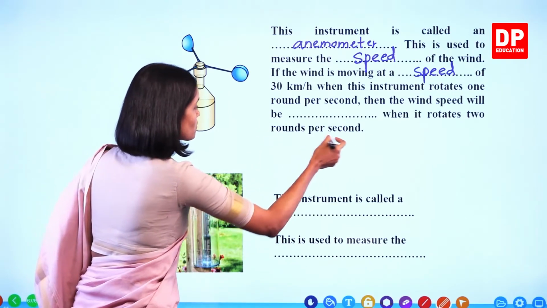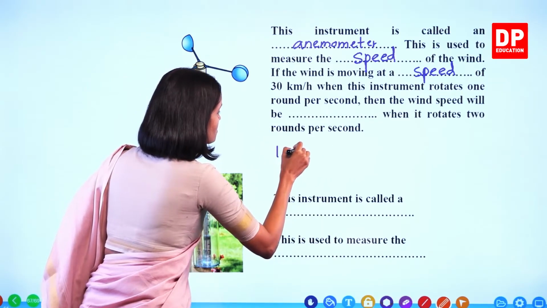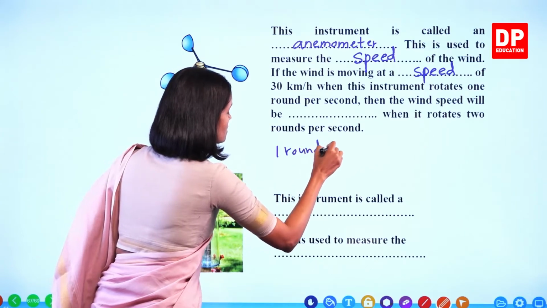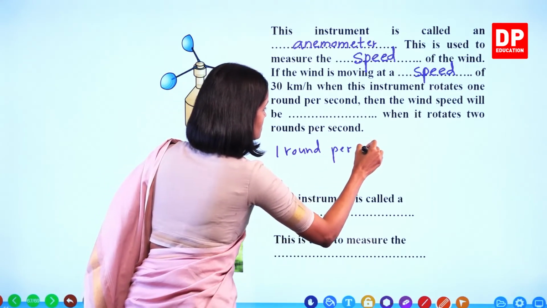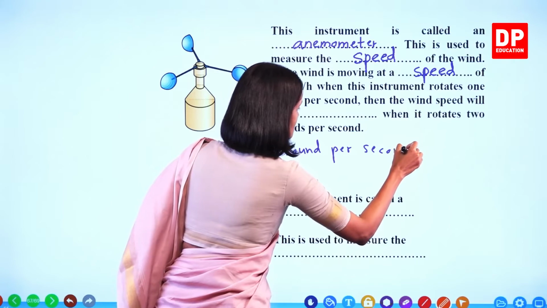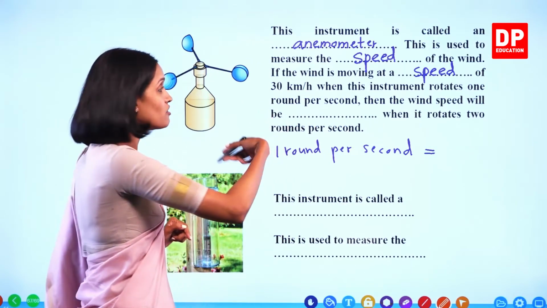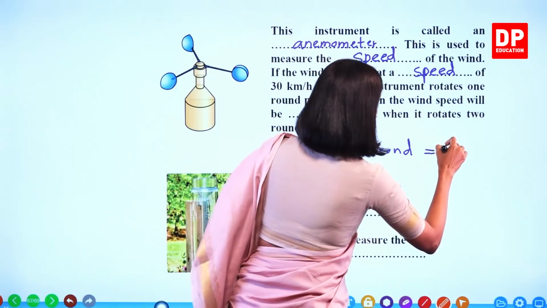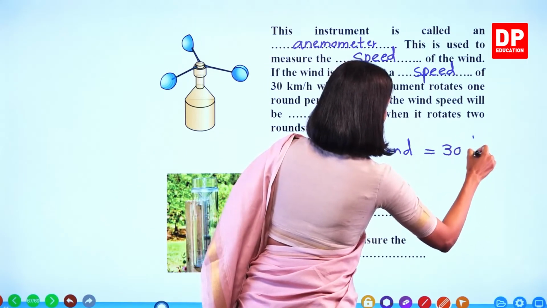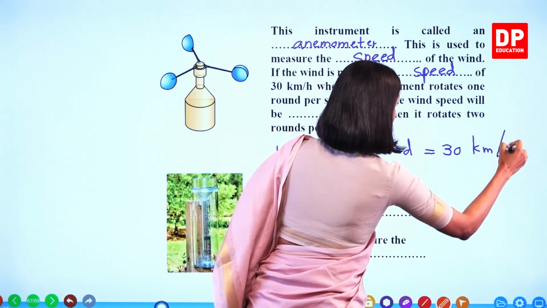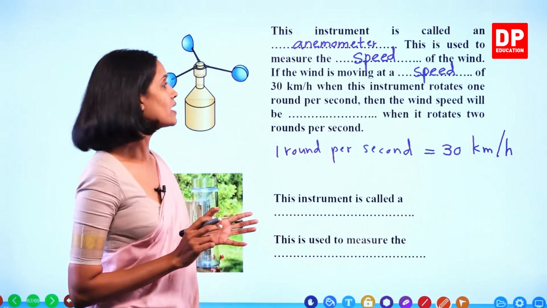Which means we'll write here 1 round per second. Means the actual speed of the wind is 30 kilometers per hour, right?